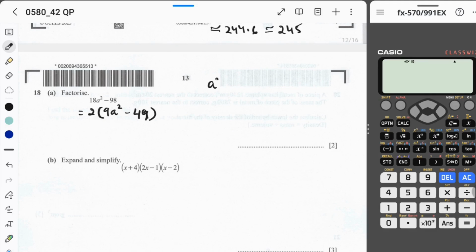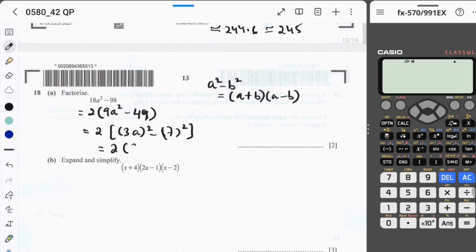So you know that a square minus b square is equals to a plus b and a minus b, the difference of two perfect squares. So that's the third identity formula we are using here. 2 times 3a square minus 7 square, and then 2 times 3a plus 7 and 3a minus 7.